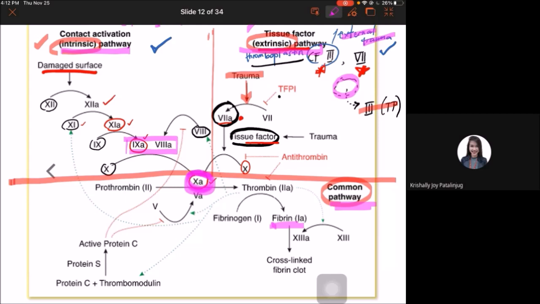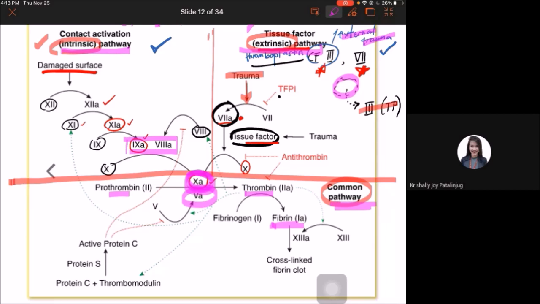Take note, we have 10A. 10A together with 5A causes activation of clotting factor 2. Clotting factor 2 is prothrombin. When 2 is activated, its name is thrombin. I mentioned earlier that 2A is important to the goal of the coagulation cascade.